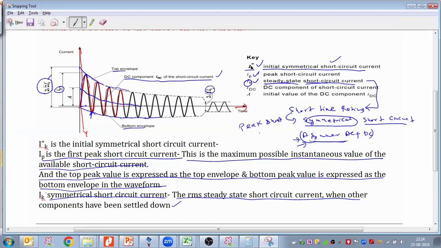If you take 10, 14, 15, 20, whatever X by R, this has a relation with the peak short circuit current, because there both AC plus DC components come in. It does not have a relation with the symmetrical short circuit current, because at that moment your DC component has vanished. You are talking about the AC component.